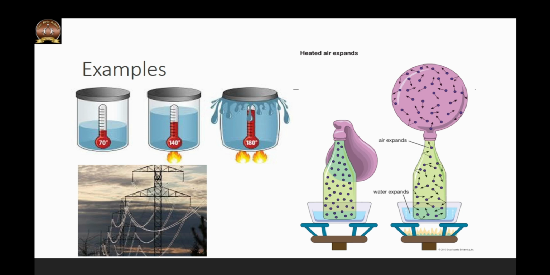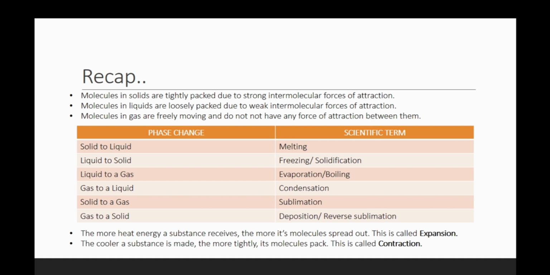Now let's take a quick recap of everything we have learned so far. We have learned about the arrangement of molecules in solids, liquids, and gases. All the properties seen in solids, liquids, and gases come as a result of the arrangement of the molecules in them.